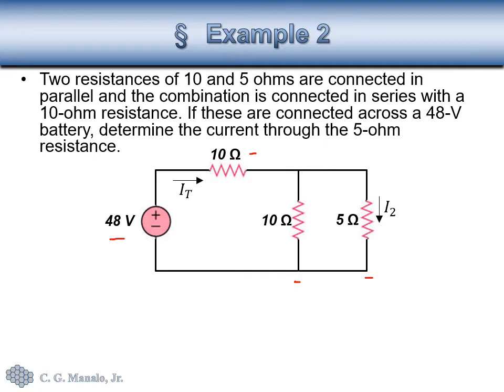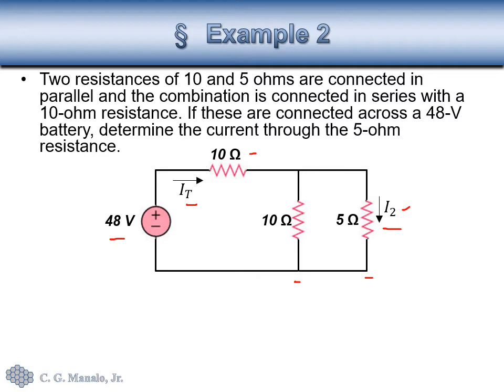Now the problem is asking us what is the current that is flowing through the 5 ohms. So we assigned a variable to that, and that is I sub 2. And we also label here the total current that is coming out of the 48 volts as I sub t.